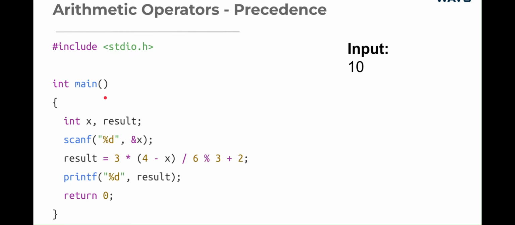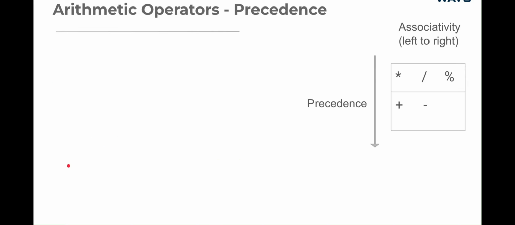Let us see this. Here is the stdio header included, common for every code. While writing code, you can use this for every program. Here int x is 10, whereas result will be the variable for the output.